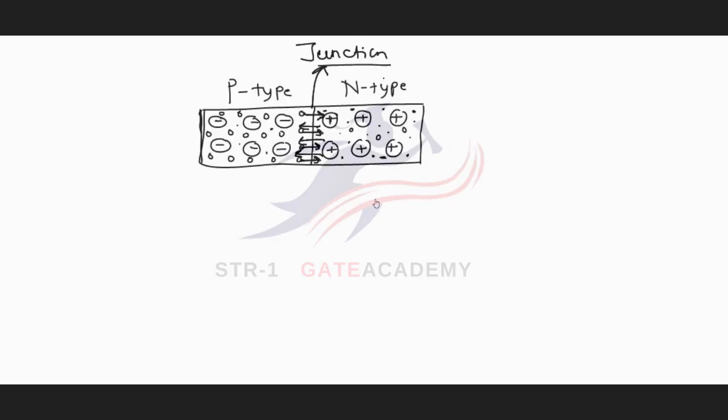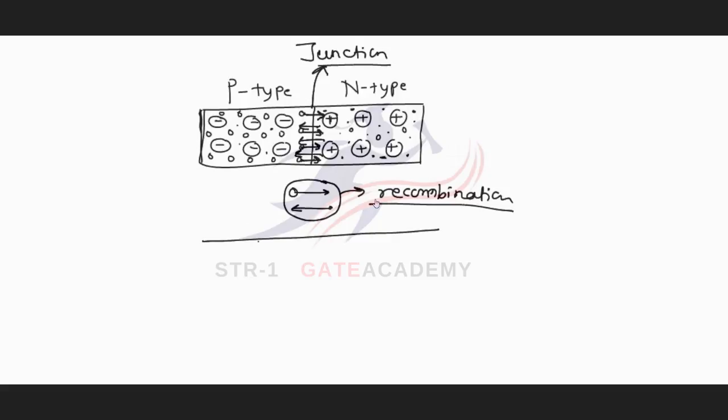If holes are moving in this direction and electrons in this direction, at the junction there is a chance of recombination between these charge carriers, and there will be a large number of recombinations.